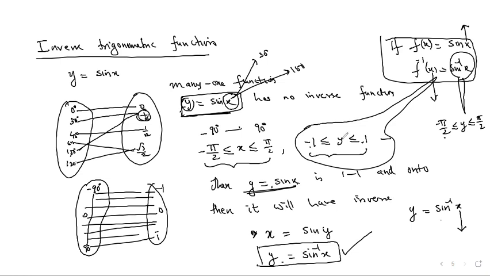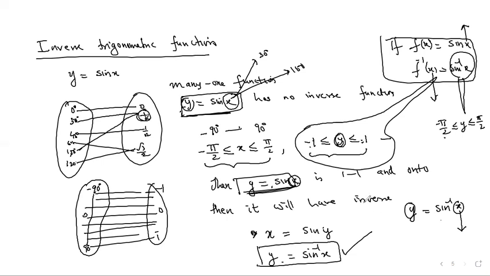The possible value of x would be from minus 1 to plus 1. Why am I looking at y here, although I'm asking about x? Because in an inverse function, x and y get interchanged. What is y in this function is x over here, and what is x in this function is y over here. Clear? Have you followed or not?